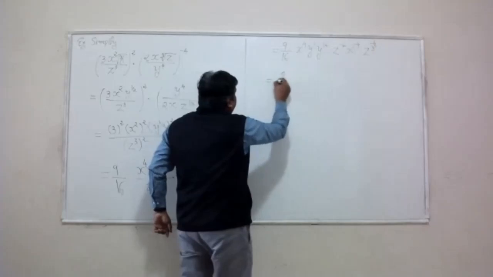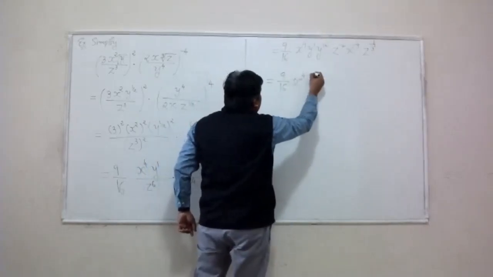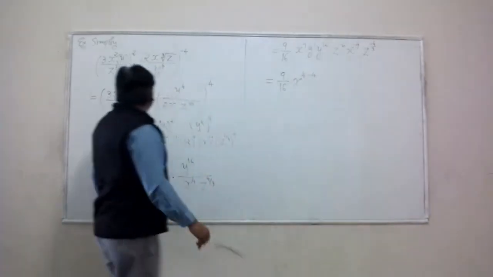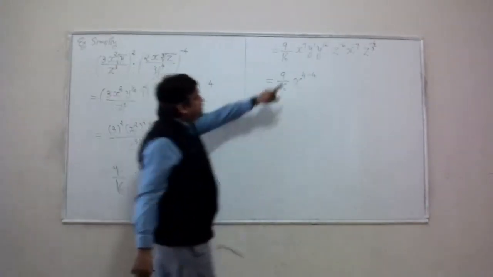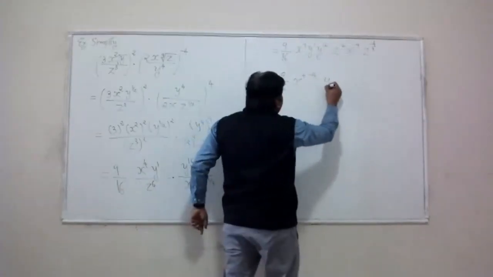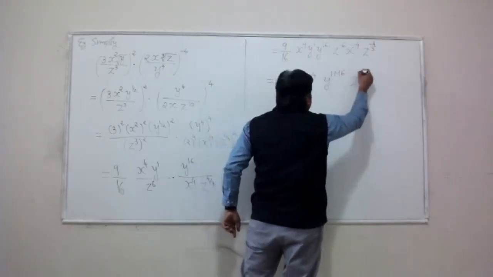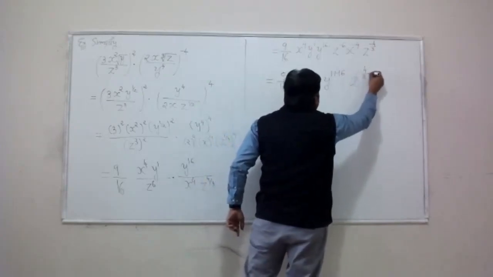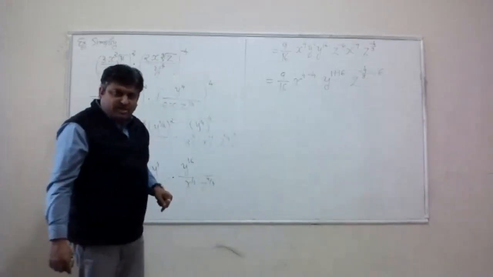Let's do that. 9 over 16, x to the power 4 minus 4, y to the power 1 plus 16, and then z to the power negative 4 by 3 minus 6. We know how to handle the fractions, right?